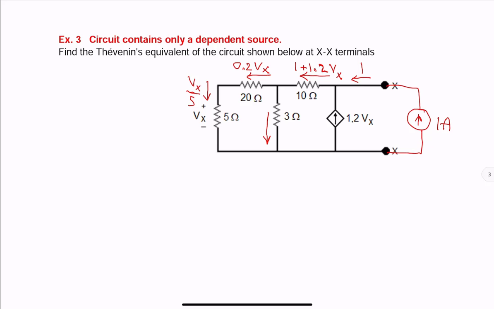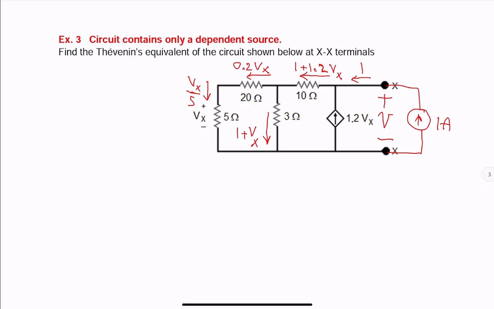Current going down through the 3 ohm resistor is 1 plus 1.2 Vx, subtract from it 0.2 Vx, so we get 1 plus Vx. So all currents are known. We are looking for V, voltage drop from top to bottom across the 1 amp source. And V over 1 gives us Thevenin's resistance.